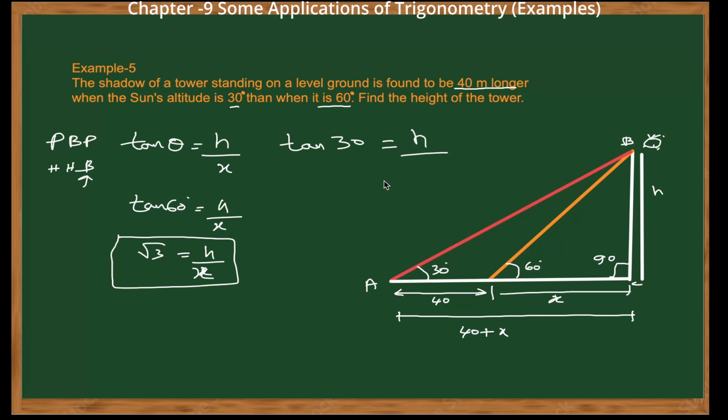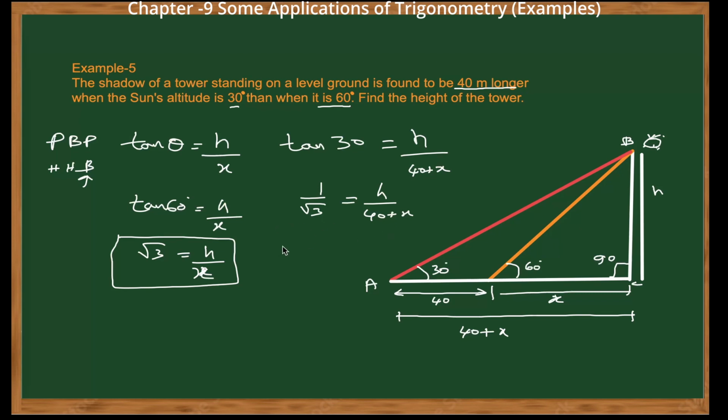Height divided by the base, which is AC, is 40 plus x. So what is tan 30? It's 1 by root 3. This is h divided by 40 plus x.